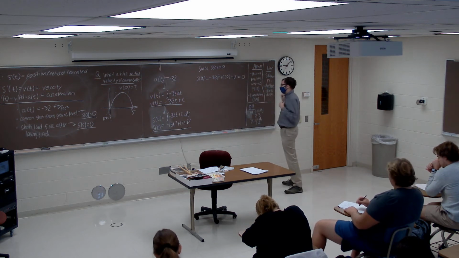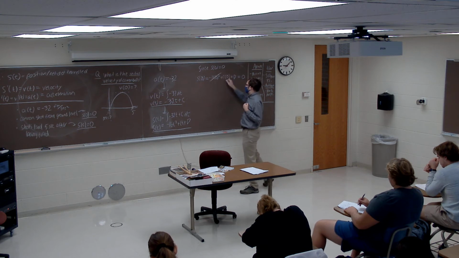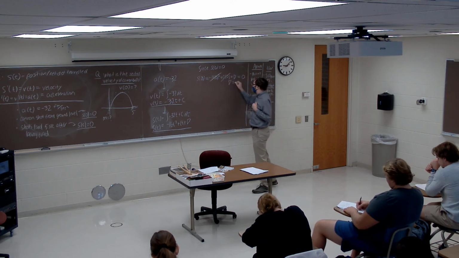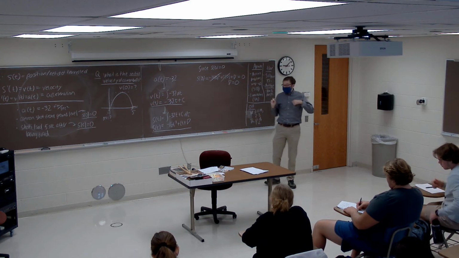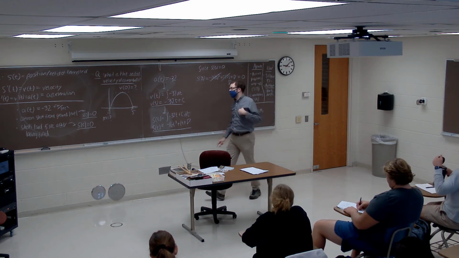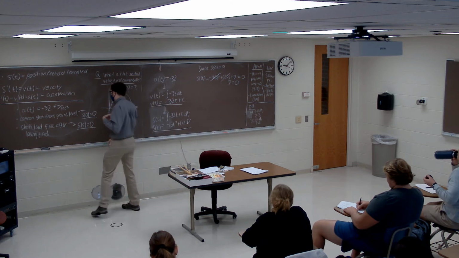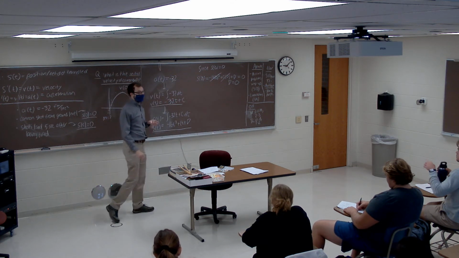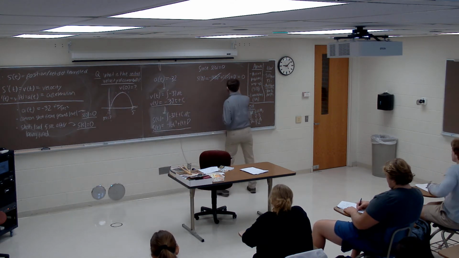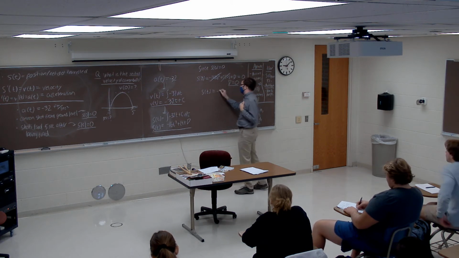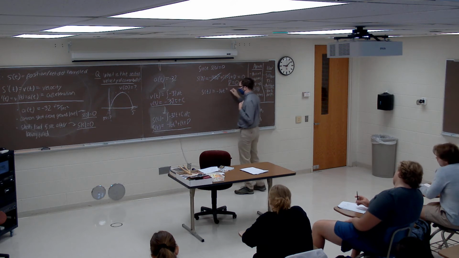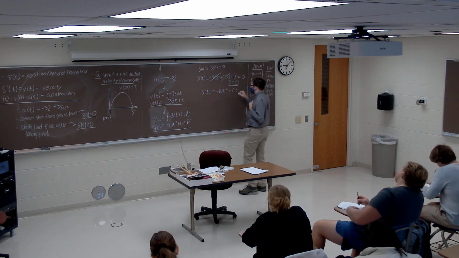And then if we solve for d, we're going to get that d is equal to 0. So we could use our first initial condition, the fact that s of 0 equals 0, is going to tell us that d has to be equal to 0. So our s of t we can now write as being negative 16t squared plus some constant times t.